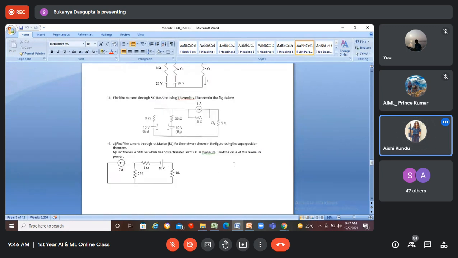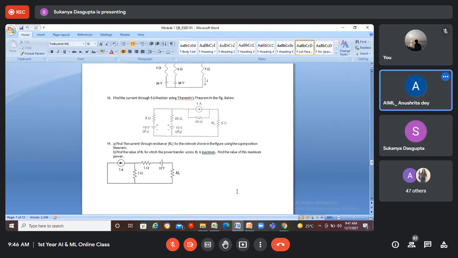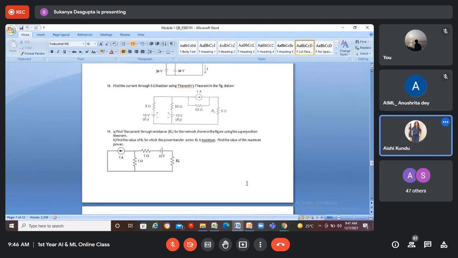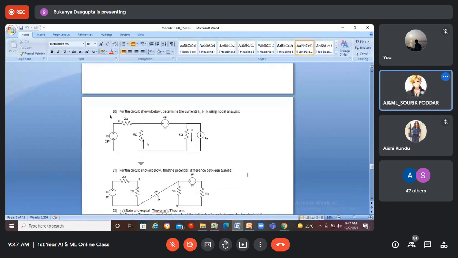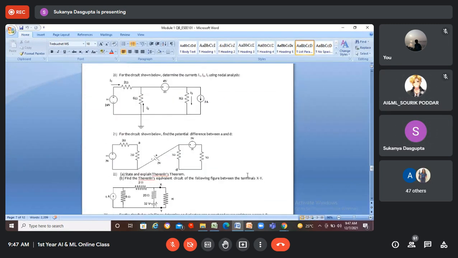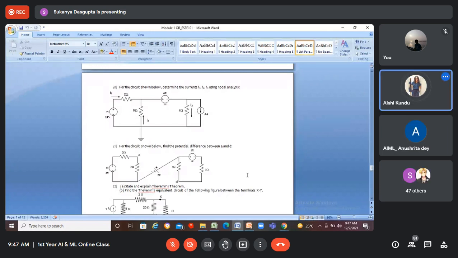I have shared the screenshot in the group. From 19 to 22, things are overlapping. From question number 20, all the questions are overlapping.